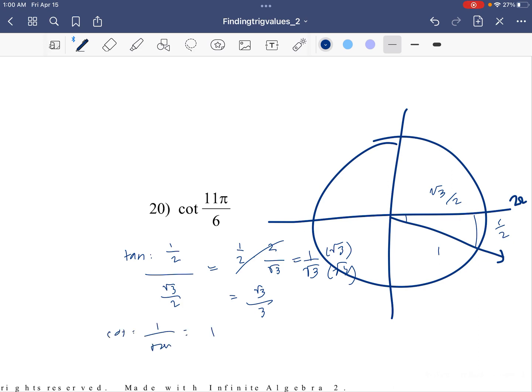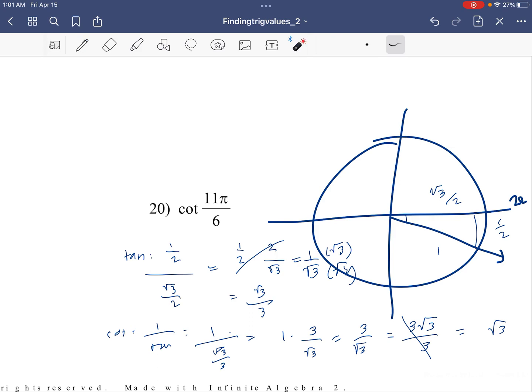So you have 1 over tan, which is what we just found, which is equal to 1 times rad 3 over 1. But you're going to multiply it on both top and bottom, and that cancels out. You're left with square root of 3.